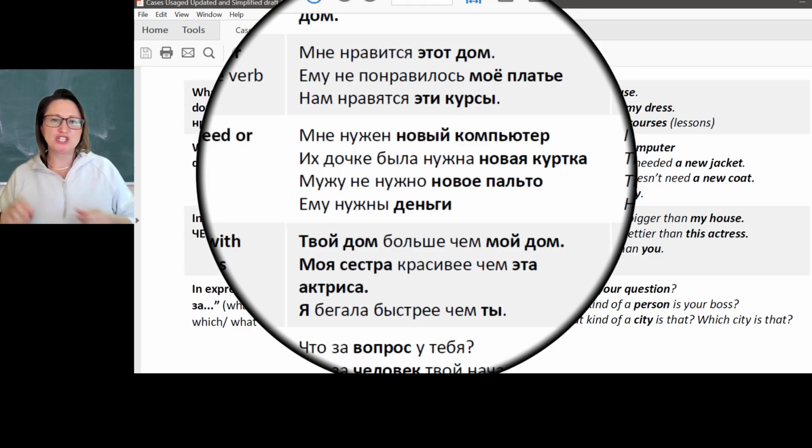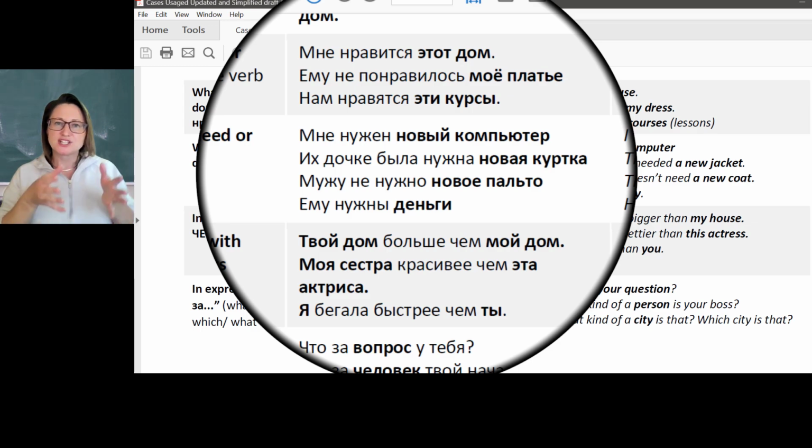That goes with the gender of the subject. Компьютер нужен. Куртка нужна. Пальто нужно. Деньги нужны. It's because in English, you use the verb to need something. In Russian, we use a short adjective. And adjectives, remember, go with the noun in gender, case, and number.